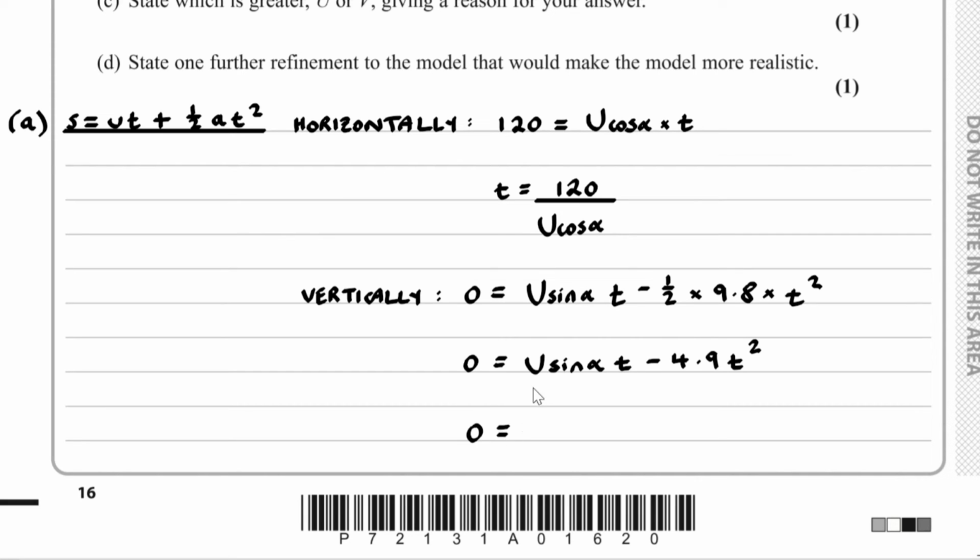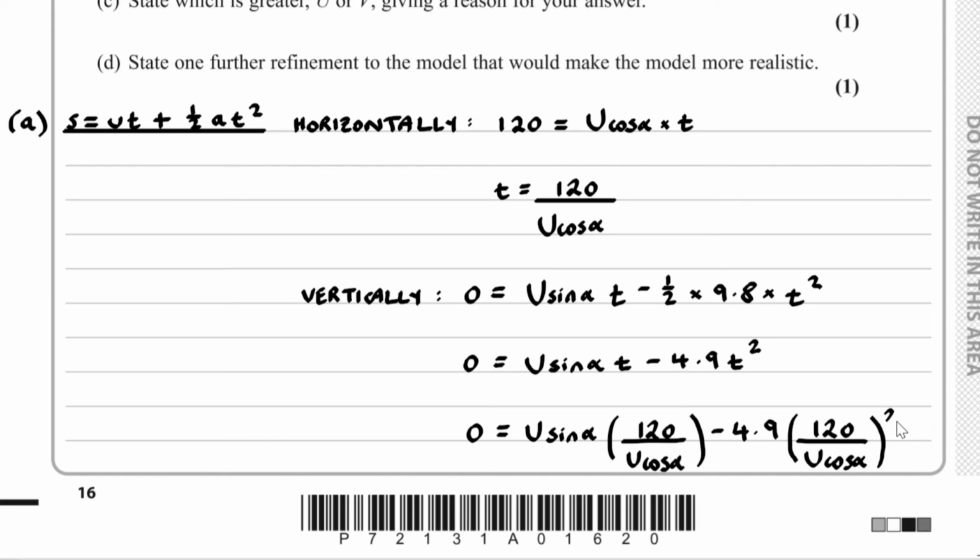So I've got 0 equals u times sine alpha multiplied by 120 over u cos alpha, minus 4.9 multiplied by 120 over u cos alpha, squared.